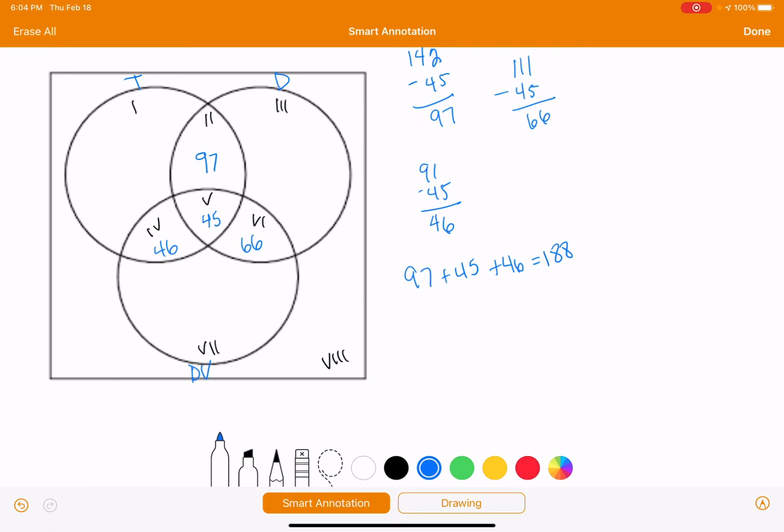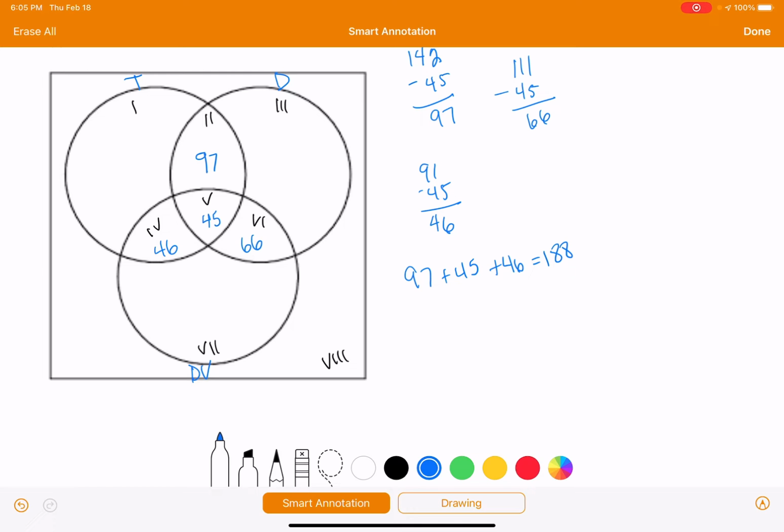Those are the people already accounted for, so we want to take those away. So we have 188 already accounted for in the diagram. That leaves 6 in region 1.